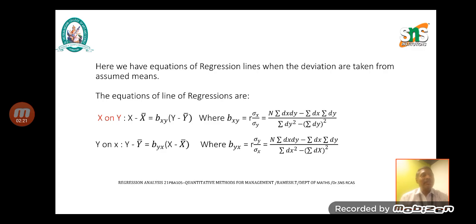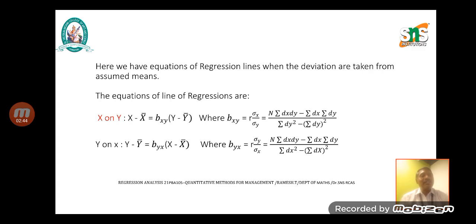Therefore, the slope or the coefficient of the regression line is bxy is equal to r sigma x by sigma y. It is calculated by n into sum of dx dy minus sum of dx into sum of dy, divided by n sum of dy square minus sum of dy the whole square.